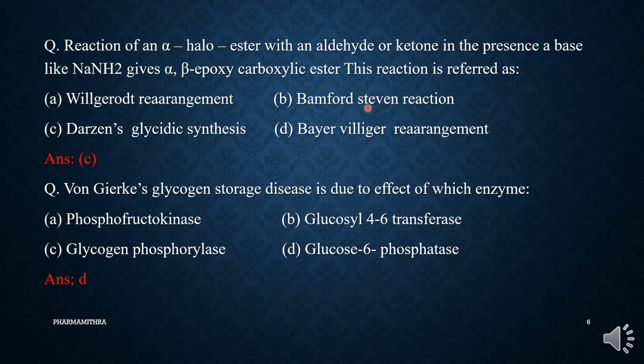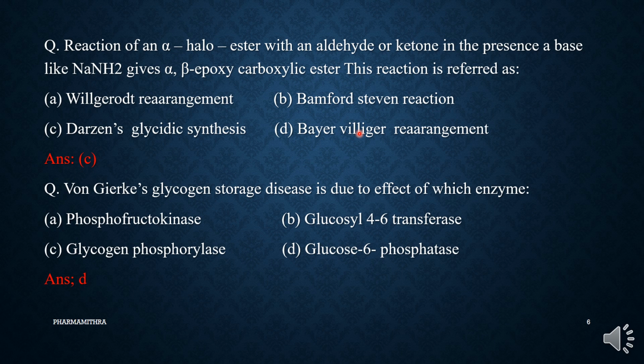Whereas in the Bamford-Stevens reaction, the tosyl hydrazone reacts with a strong base and results in formation of an alkene. In the case of the Baeyer-Villiger rearrangement, there is oxidation of a ketone, and there is a migration step which is the rate determining step, finally causing deprotonation of the oxocarbenium group.